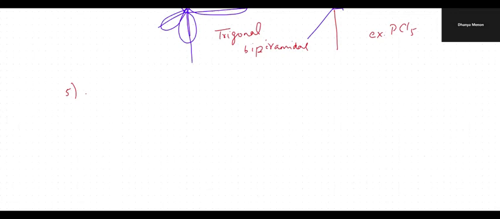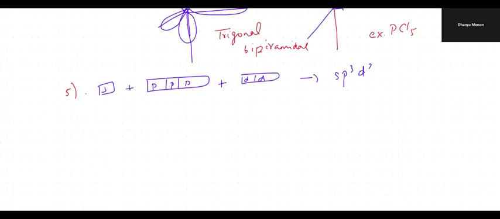Now, if I have one s mixing with 3p and 2d, what do I get? sp3d2. There are 6 hybrid orbitals, right?